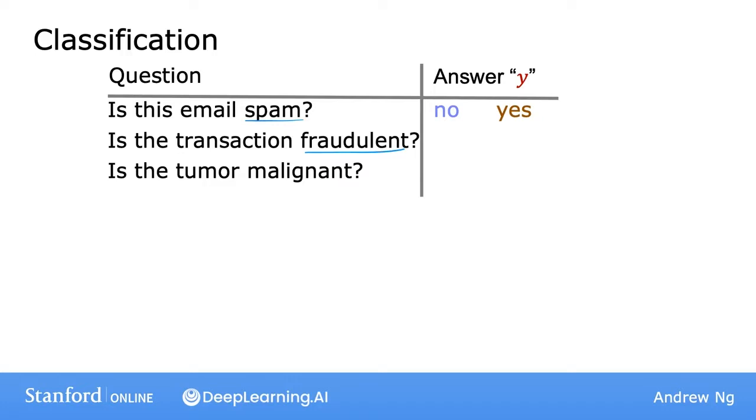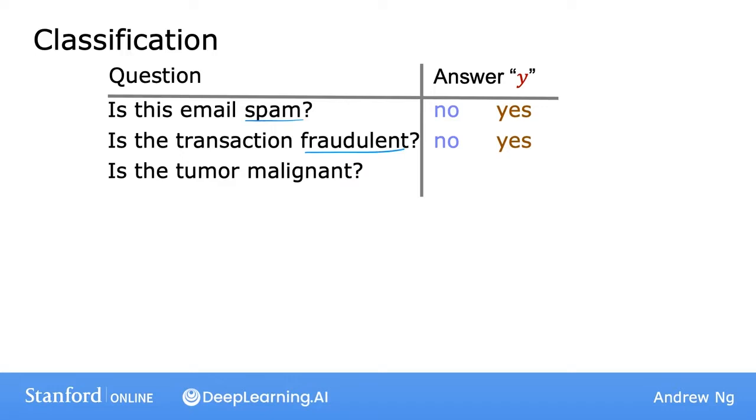Fighting online financial fraud is something I once worked on, and it was strangely exhilarating because I knew there were forces out there trying to steal money, and my team's job was to stop them. So the problem is, given a financial transaction, can your learning algorithm figure out if this transaction is fraudulent? Such as, was this credit card stolen?